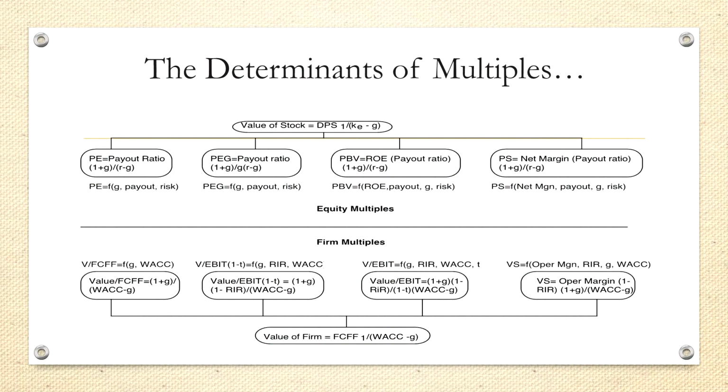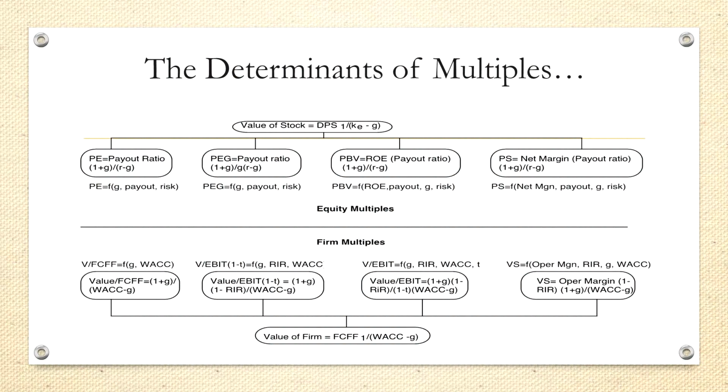There are a total of 8 ratios, and from this picture you know that for each ratio we can look into its fundamentals. For example, for the PE ratio we have 3 fundamentals: G, payout ratio, and riskiness, which can be captured by either standard deviation or beta of the company. And for the PB ratio there are 4 factors: ROE, payout, G, and risk. Once again, risk can be captured by beta or standard deviation. And for the PS ratio we have net margin, the profit margin of the company, payout ratio, G, and risk.